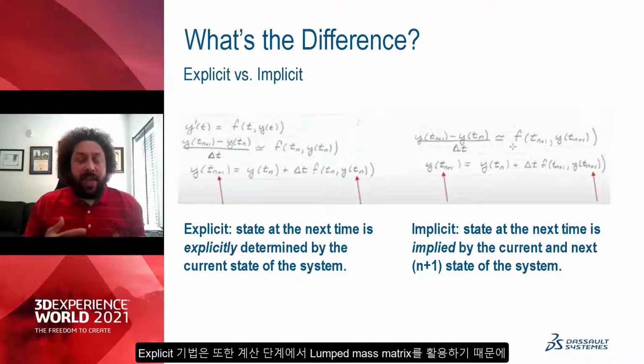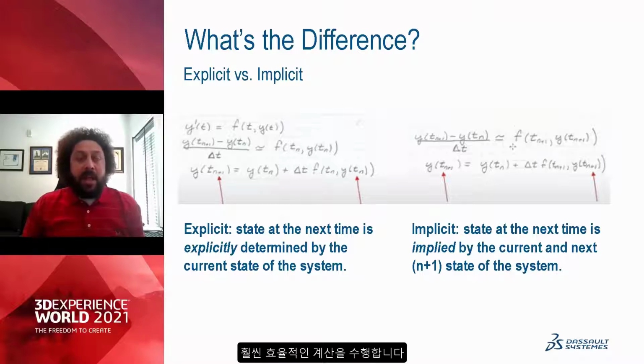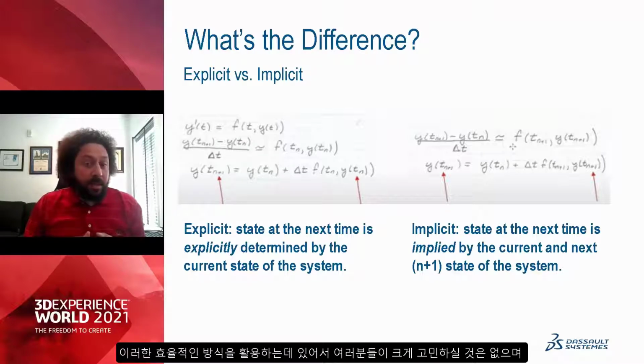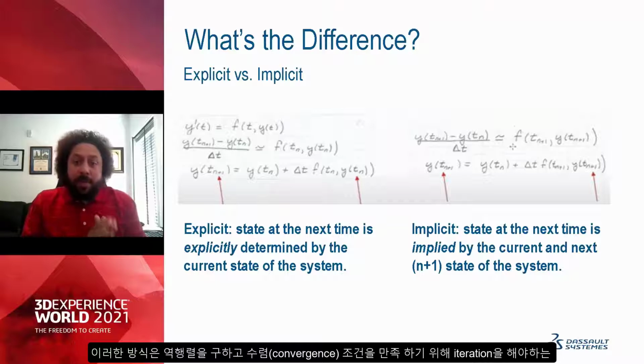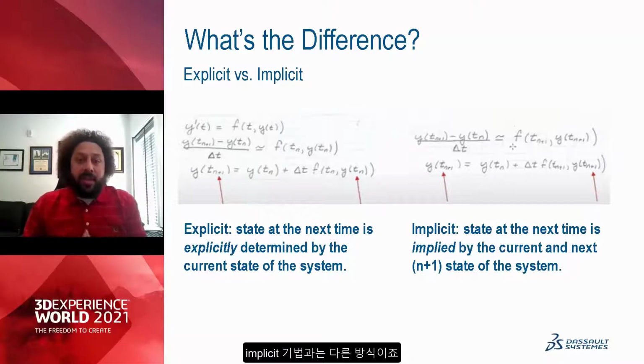Explicit also takes advantage of a computationally efficient technique of using the lumped mass matrix. That's extremely economical, and it's common across explicit solvers. You also have to use a lot of time increments, but they're very economical. It's different from implicit, where you have to invert a system matrix and iterate until you get convergence.